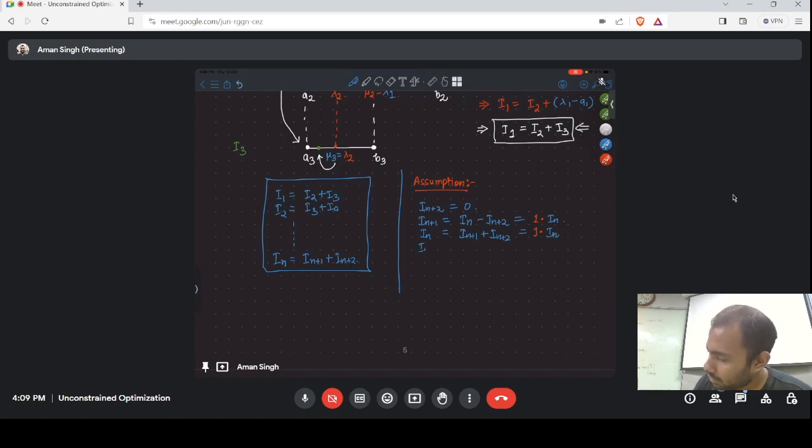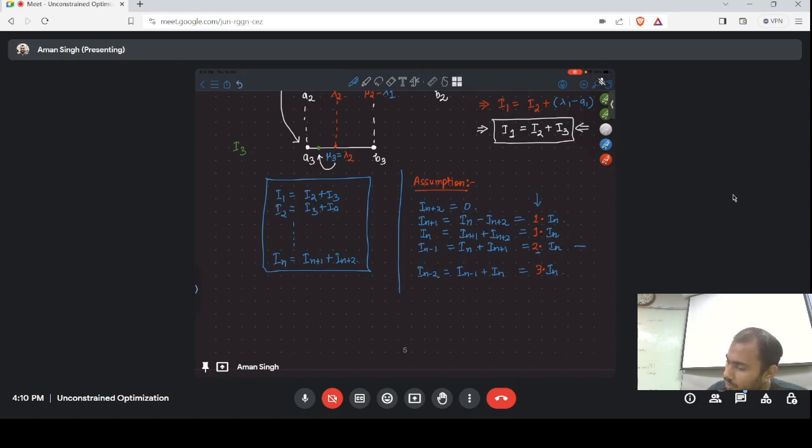But now what is In minus 1? This will be In plus In plus 1, which means it is 2In. What happens to In minus 2? In minus 1 plus In, which means it becomes 3In.